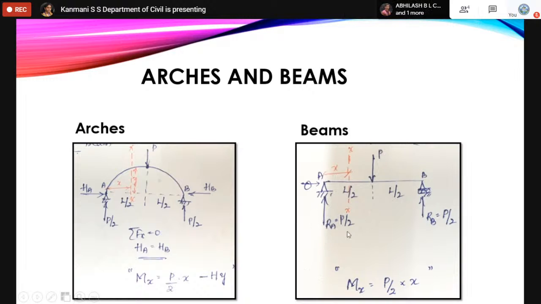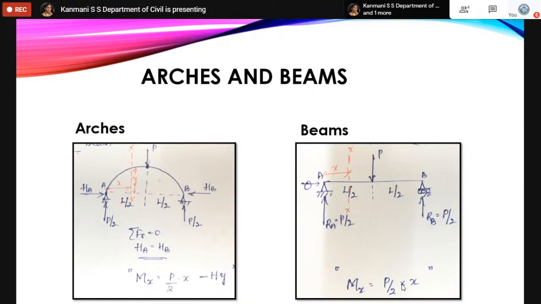This moment created by RA about point X is making this member lay down in a sagging position. So RA into X is the bending moment at X. So MX is equal to P by 2 into X, which is RA into X, positive. This is the value we get for moment at any section X for a simply supported beam subjected to a concentrated load at its center.